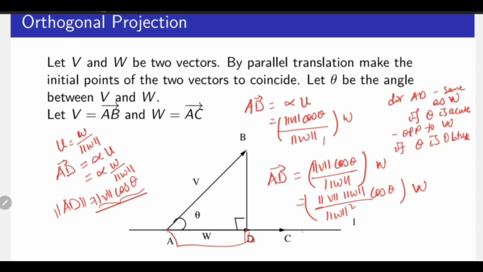So this is what we call the orthogonal projection of vector v along with w, and which is denoted by this, the projection of v along with w.